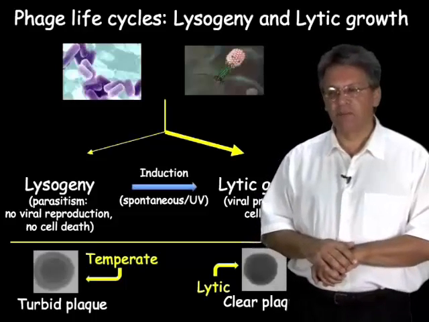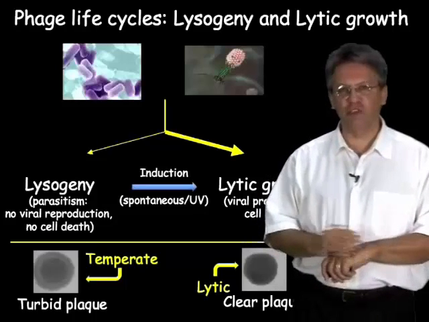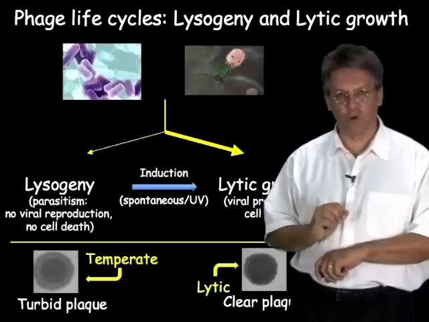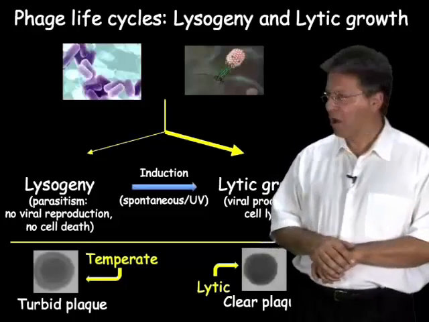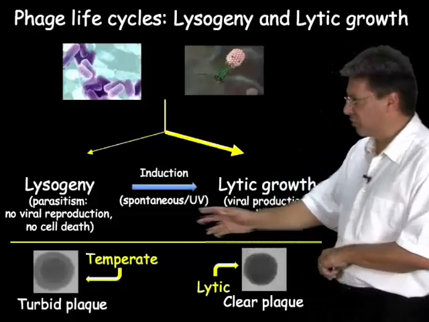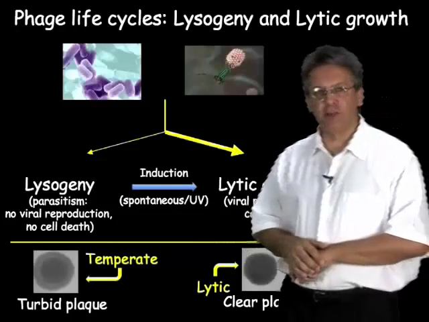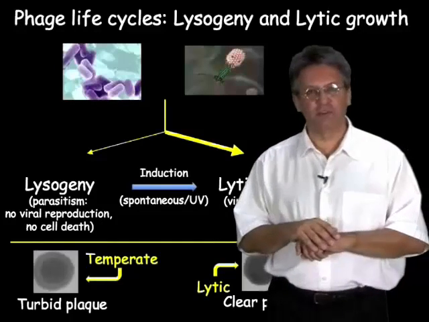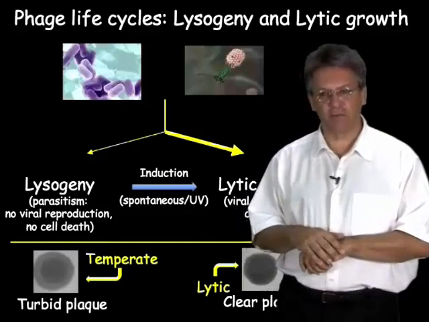What that means is that when a temperate phage infects its bacterial host, there are two possible alternative outcomes. One of those outcomes is lytic growth, in which they propagate themselves in exactly the same way as I described to you in the previous slide.